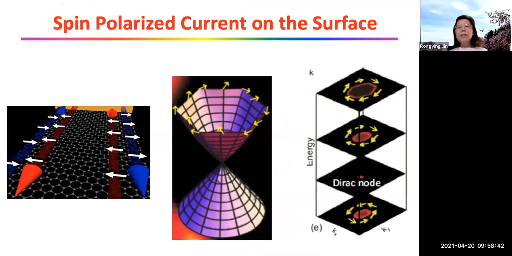One thing is that on the surface, as I just introduced, you have the spin polarized current, which can be obtained from material systems like topological insulators because of the spin momentum locking, and they have to be organized in a really ordered way. Spin up would go along one edge, and spin down would have to go along the other side. With this kind of forced arrangement, we could leverage these properties.